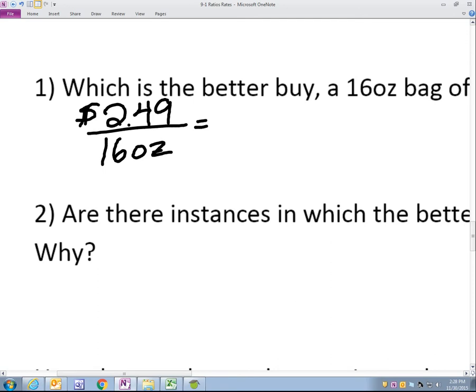Let's just divide it. 249 divided by 16. What's that? 5 times 10 is 50 plus 30 is 80.